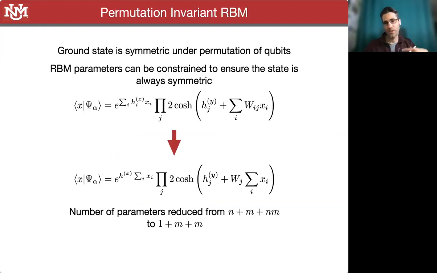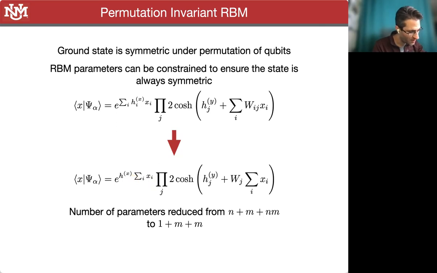We're going to make the problem a little simpler, and that is we're going to encode the permutation symmetry into our RBM. One way to do that is to make sure that the amplitudes of your wave function only depend on the Hamming weight, or on the sum of x.